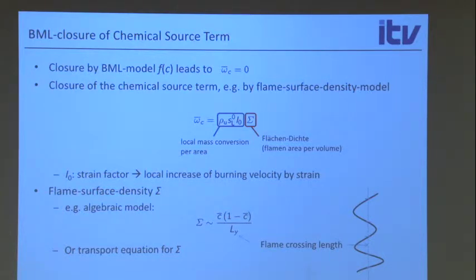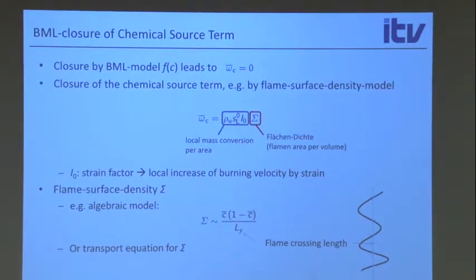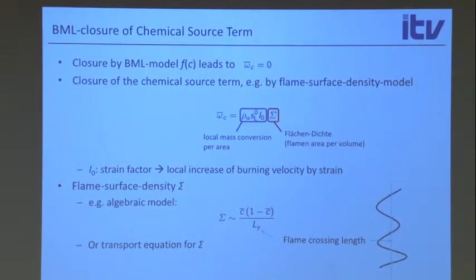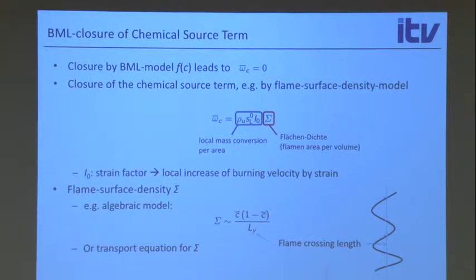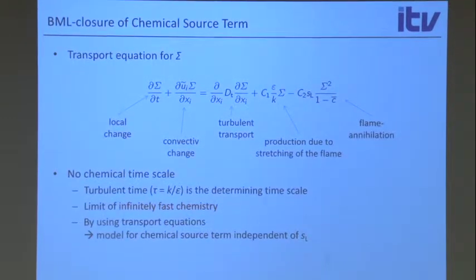Now I still need to know the sigma, and for sigma there are algebraic models like this, which relies on a length scale. So this is an algebraic model, or there are transport equation models like this.